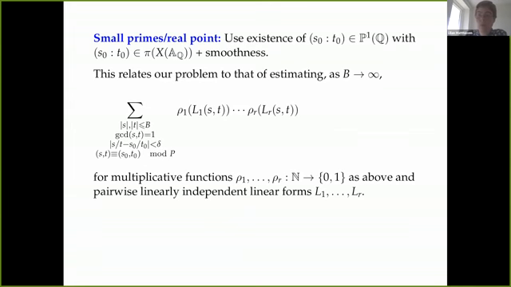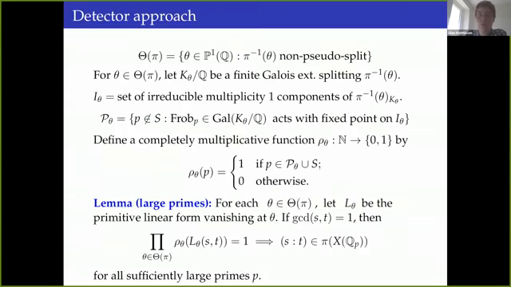You lose a lot of information at small primes, everything that goes into S. And I think that is a problem. Thank you.